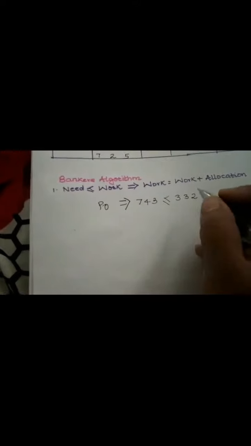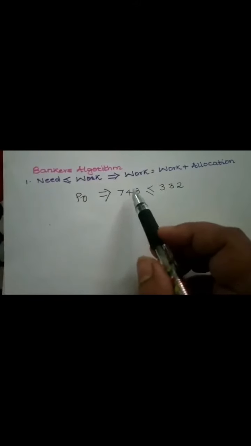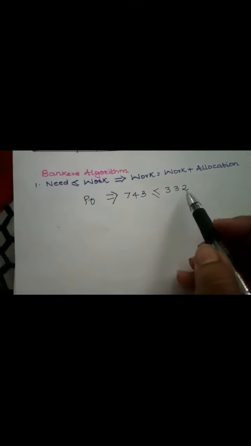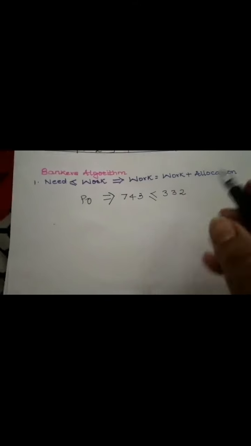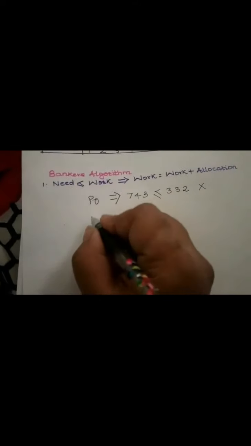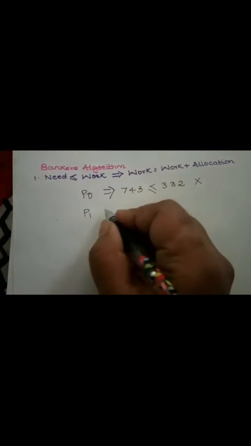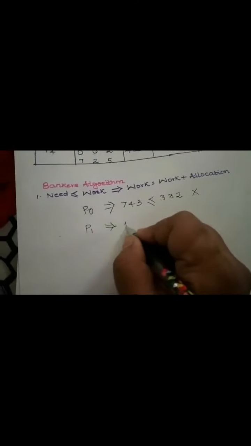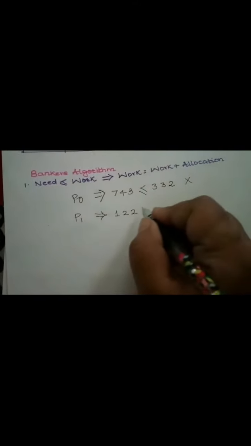It is 743. Whether it is less than or equal to work. What is the work? The work is 332. Check the condition: 743 is less than or equal to 332. Is the condition satisfying? No. So we will not consider P0 into the safe sequence.